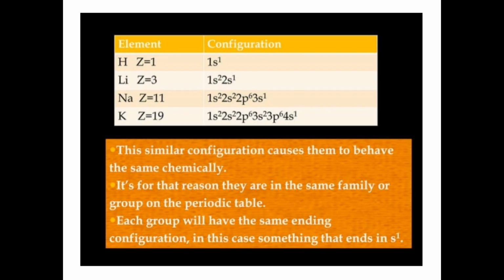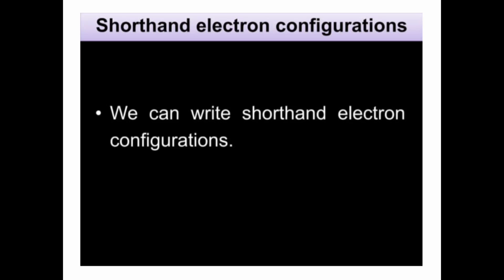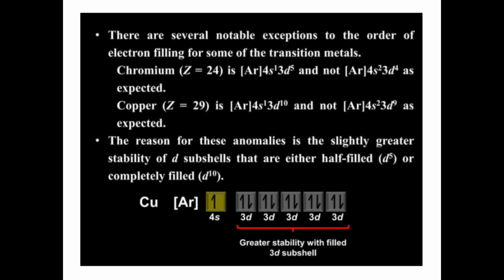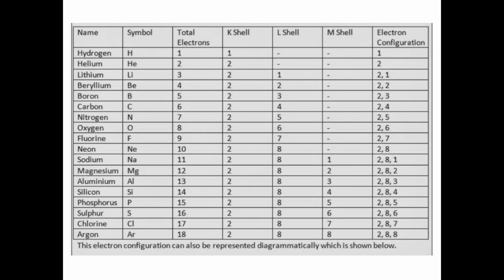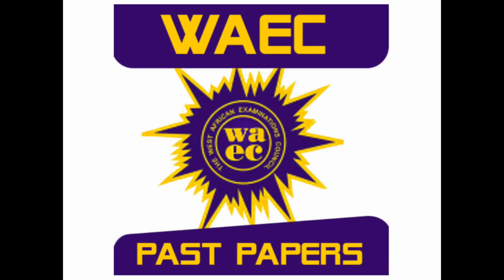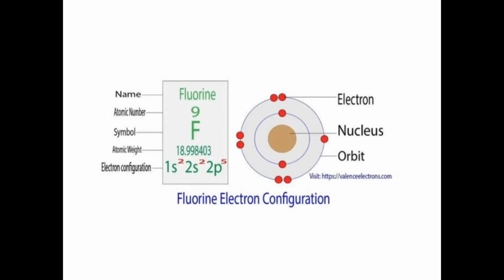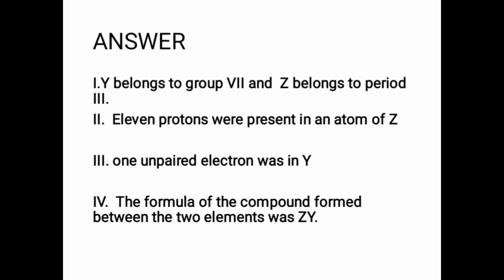So to answer the question effectively, this is how you answer as given. You can write the electronic configuration, and first of all tell them that element Y is fluorine, Z is sodium. Then, to show that it has one unpaired electron, you have to draw the orbital notation.